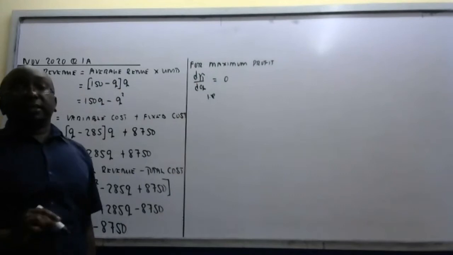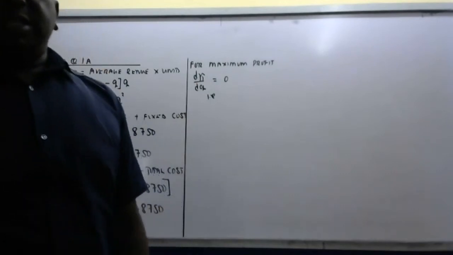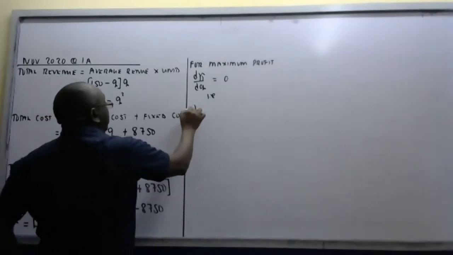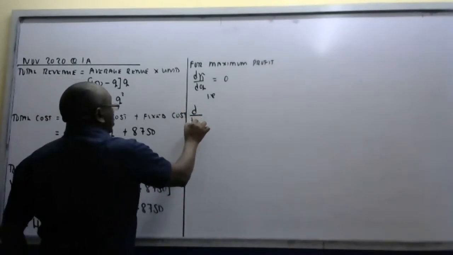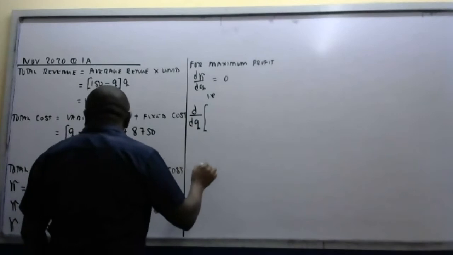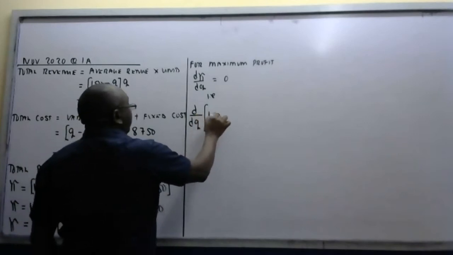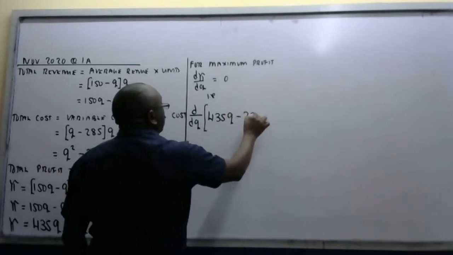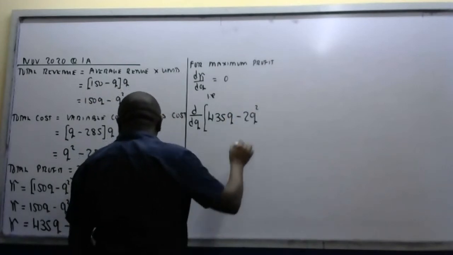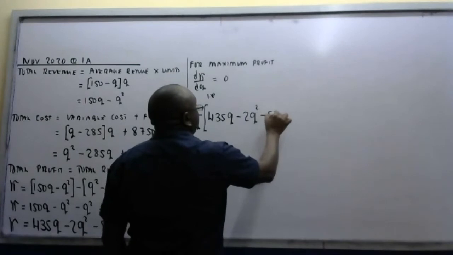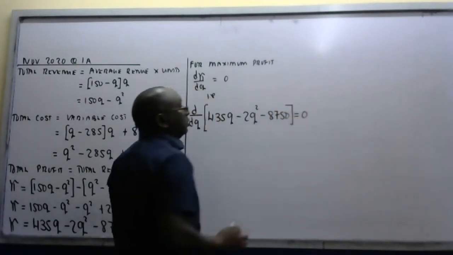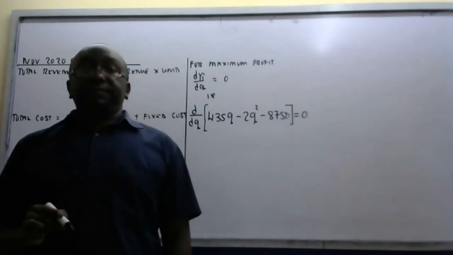That is, we differentiate this one now. The differential with respect to Q of 435Q minus 2Q squared minus 8750 is the one we are saying should be equal to 0.